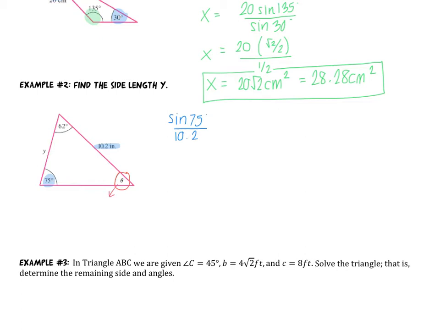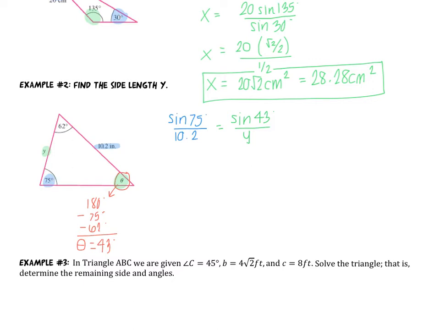So all I need to do is 180 degrees minus 75 degrees minus 62 degrees. This tells me that this angle across from y is 43 degrees. Now I can continue my ratio because this is now 43 and across from it is y. So just like before, it's going to equal sine of 43 degrees over y.